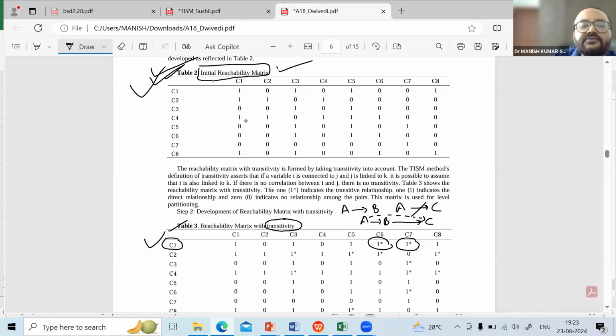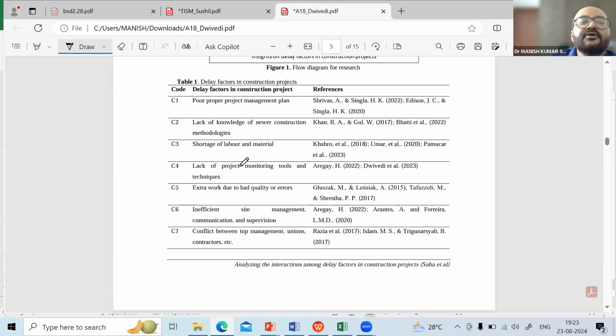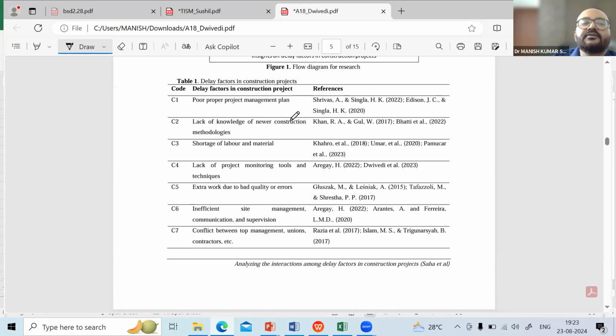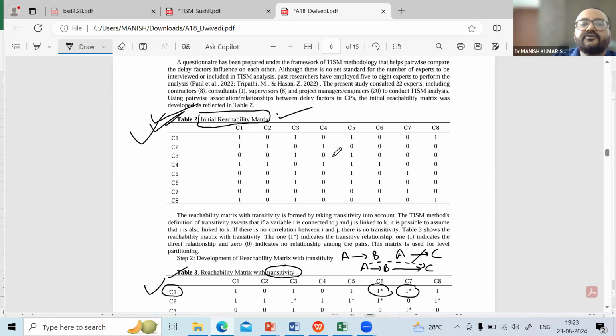Now, what is C1? You should remember. C1 is poor project management plan. So we have prepared our matrix, which is known as the initial reachability matrix.